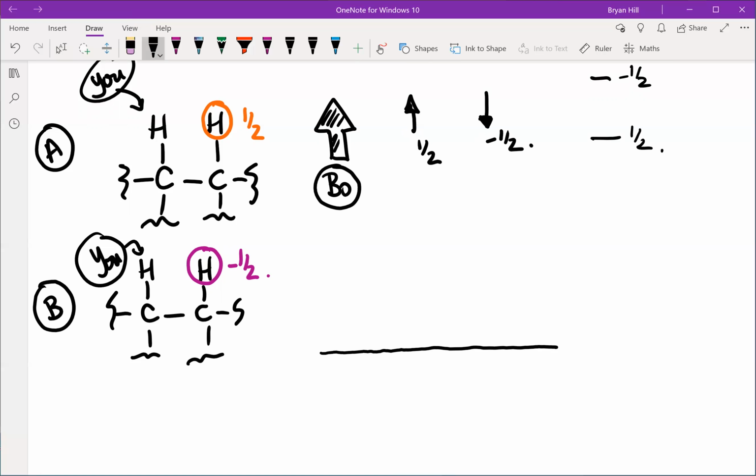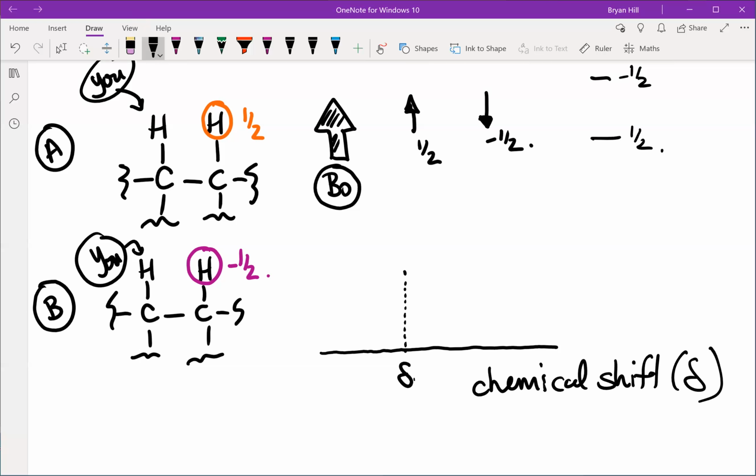If you didn't have any neighbors, you would resonate at this chemical shift here. This little delta symbol is what you use for chemical shift. So if you had no neighbors, you would resonate there.